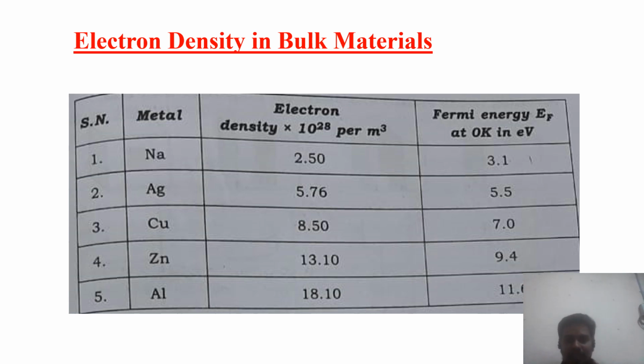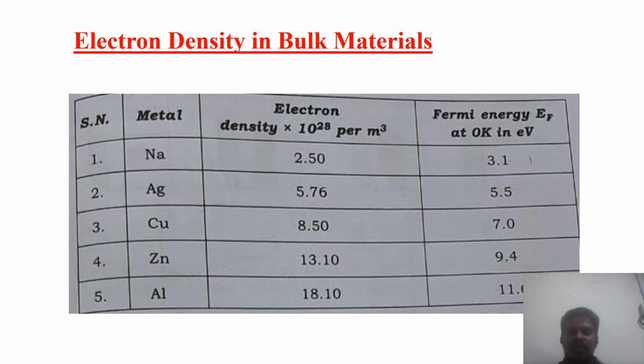If I look at the table, as the number density keeps on increasing, the Fermi energy, the maximum allowed energy, also increases. Why? Because the electrons occupy from the lower energy states to higher energy states, so if the density is large, then the allowed energy will also be large, and the maximum energy will be large.